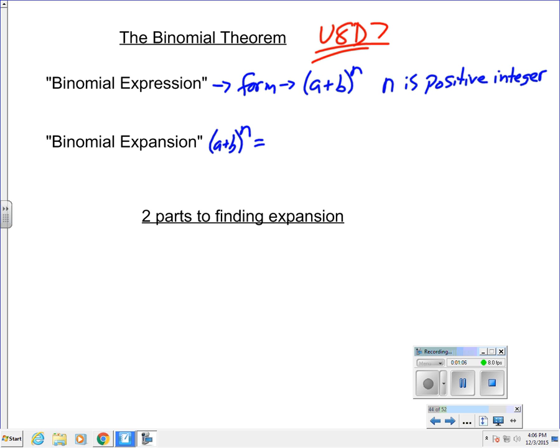So we'd have our coefficients. Our different coefficients and different powers for A and B, and we have it multiplied all the way out and simplified.